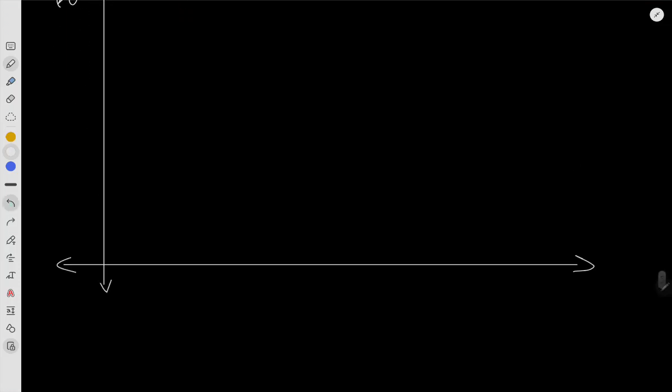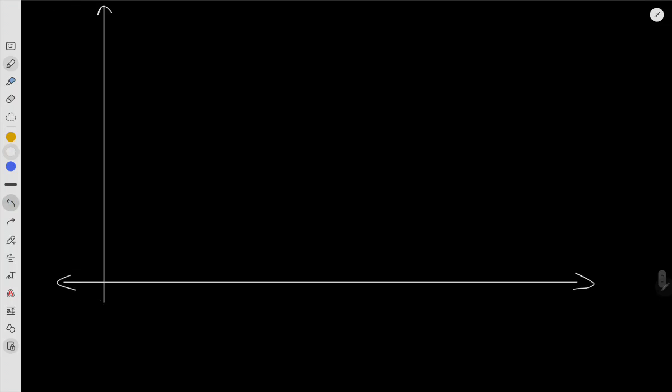So if we now start drawing a graph, here is our kinetic energy max, and this is our ν.